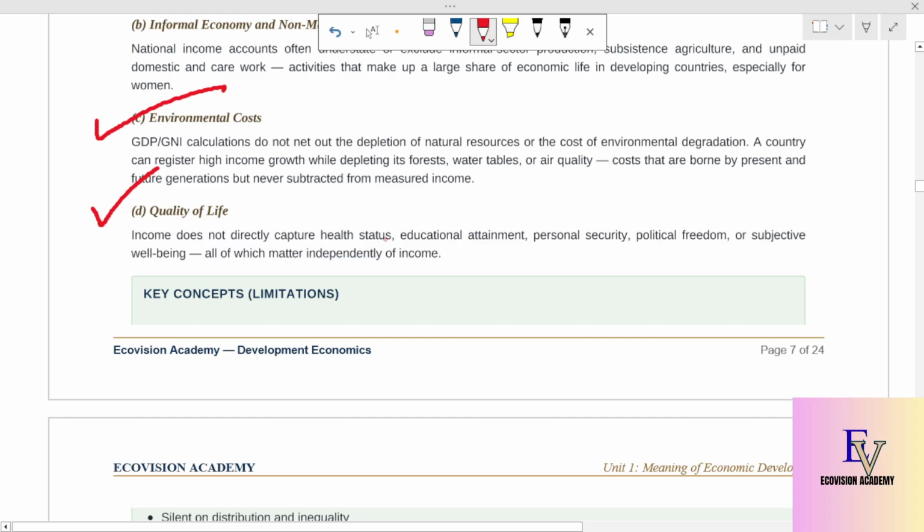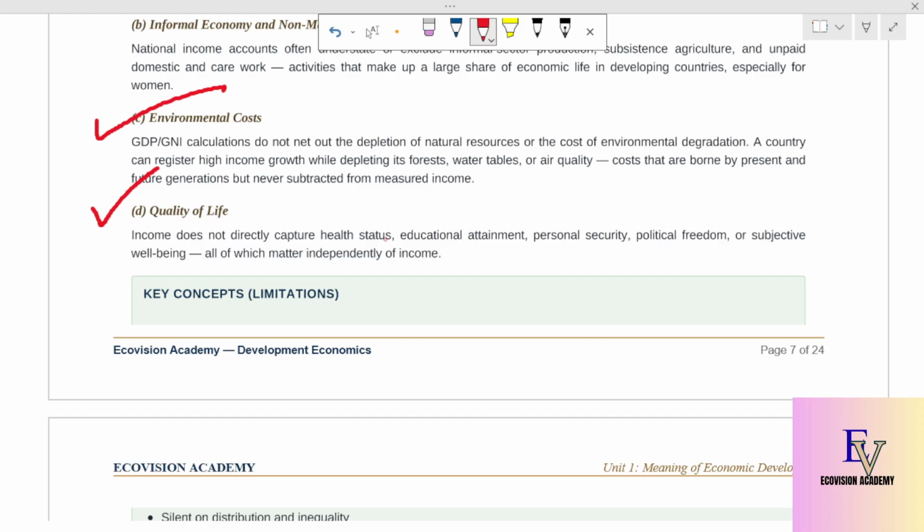Quality of life is health status plus your educational attainment, your literacy, up to which class you have studied, or the total literacy rate of the country or of a particular region. And not only that, personal security as well as political freedom, and many other things are considered in quality of life. So the income approach cannot explain the problem in quality of life, or whether there is any drop in the quality of life of the people living in the country.